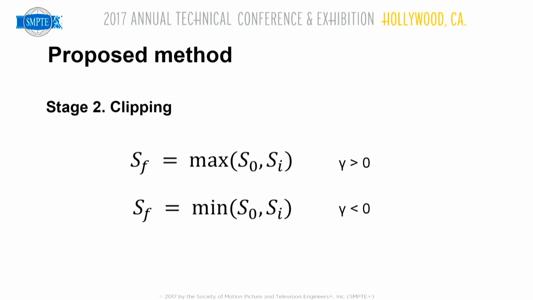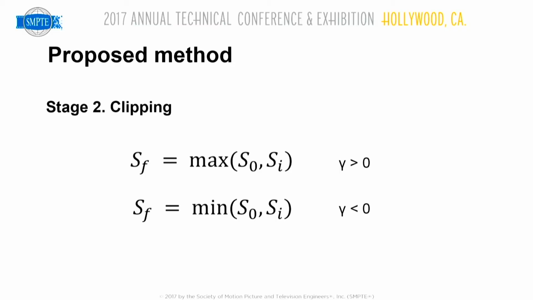So by doing clipping, we are preventing the saturation from going in the direction that we don't want it to go. So for gamut extension, for gamma greater than 0, we do a clipping with the maximum with respect to S0. So we are always increasing the saturation. And for gamut reduction, we are always decreasing the saturation. So that's the second stage. And with this, you can do gamut mapping.